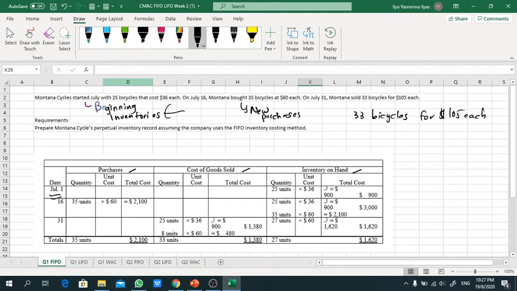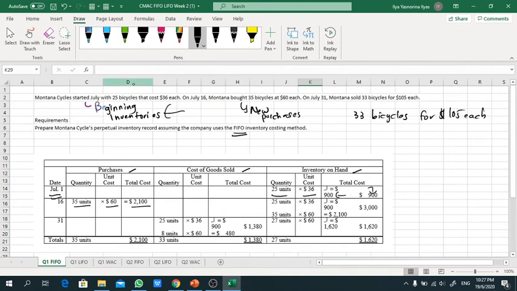So we have 25 bicycles. First one is using FIFO. We record our beginning inventory first: 25 times 36, we get 900. This is the total. Then we bought 35 units, the new purchase, times 60, we get 2,100.